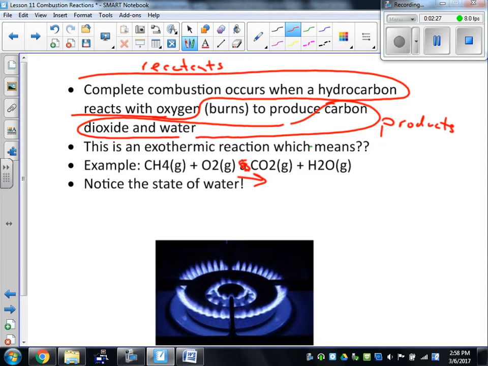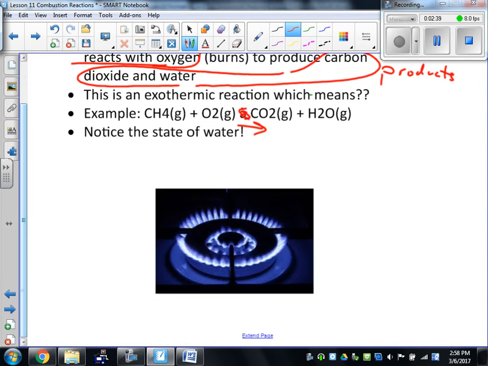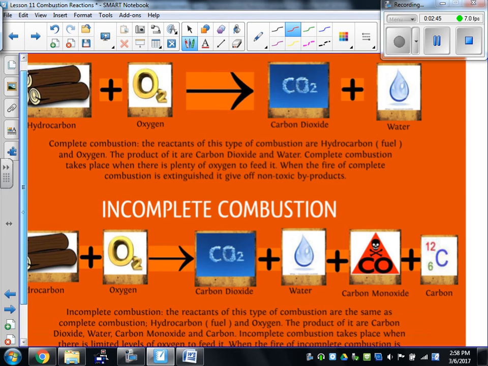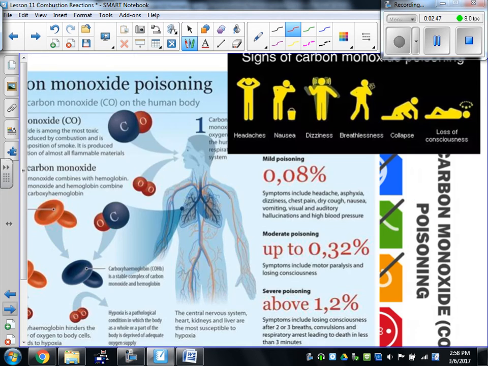Exothermic, it gives off lots of heat. So the water and the carbon dioxide we get are in gas form. There are some examples here for you, but we're going to skip that for now.